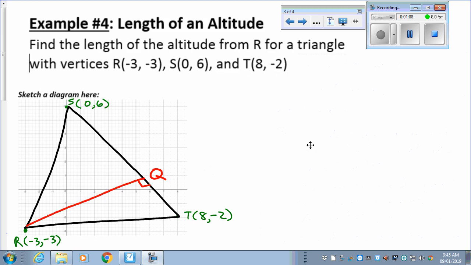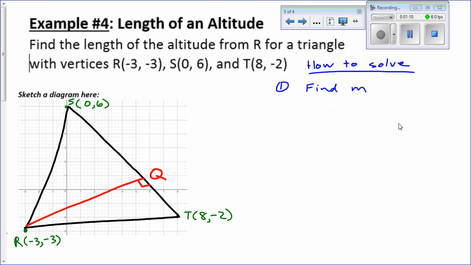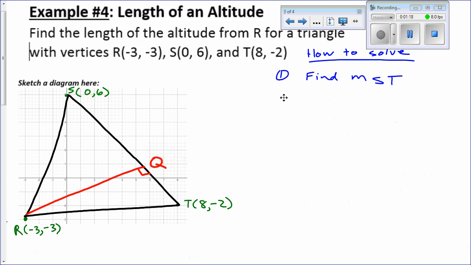The first thing we're going to do is find the slope of ST. Then we're going to find the perpendicular slope of what we found in question number 1. Because we found those, it will allow us to find the equations of ST and RQ.